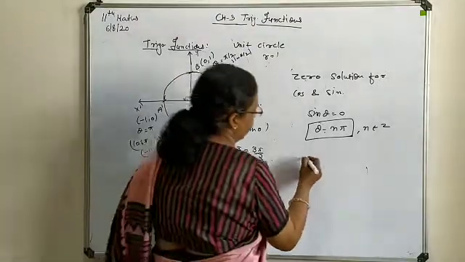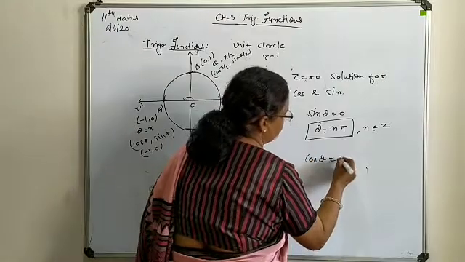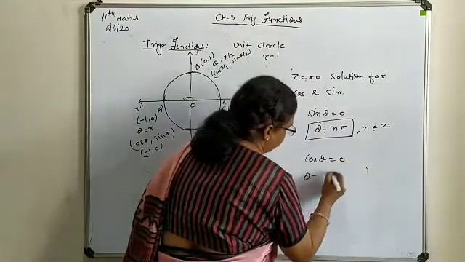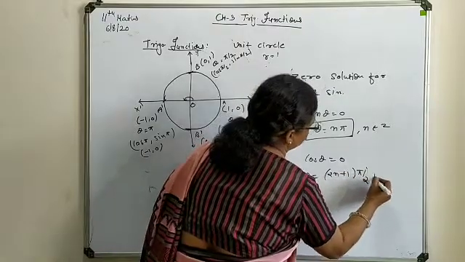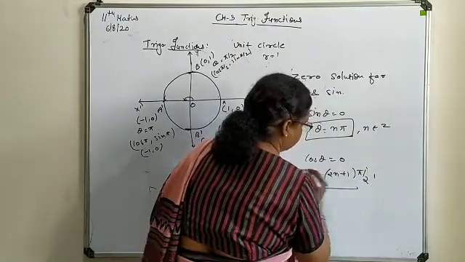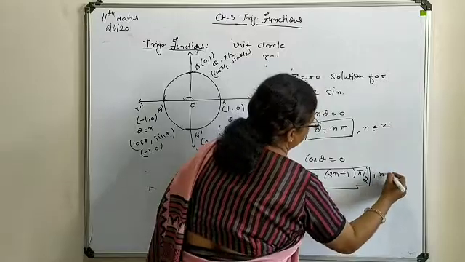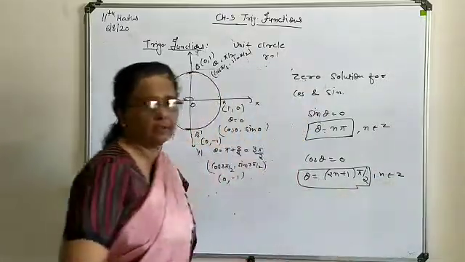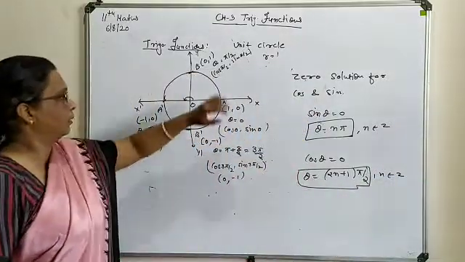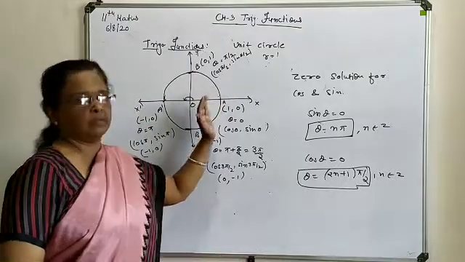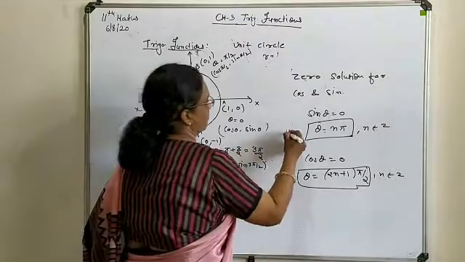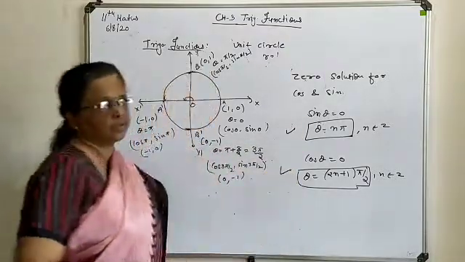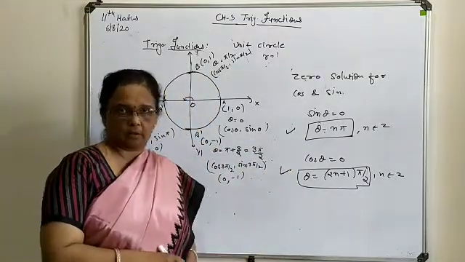So second, we have the zero solution regarding cos: theta should be (2n plus 1) into pi by 2. Here again this n belongs to the integers. So from this whole circular system, in the 360 degree angle, you can generalize the two zero solutions, for sin and cos.